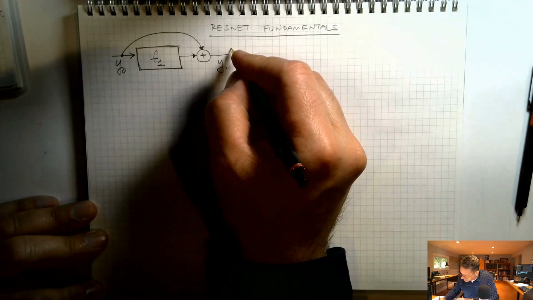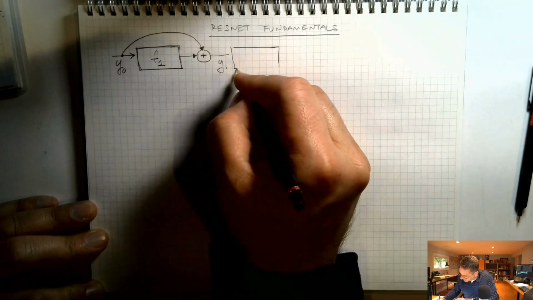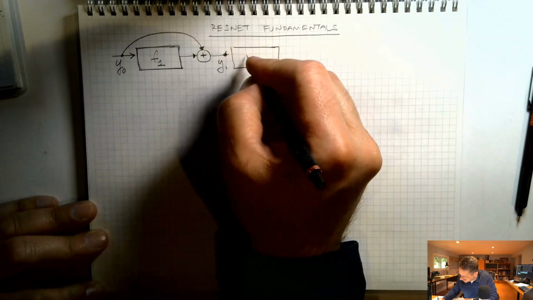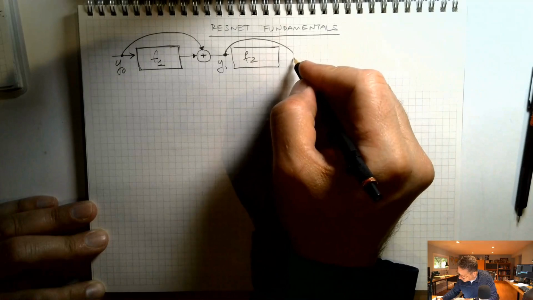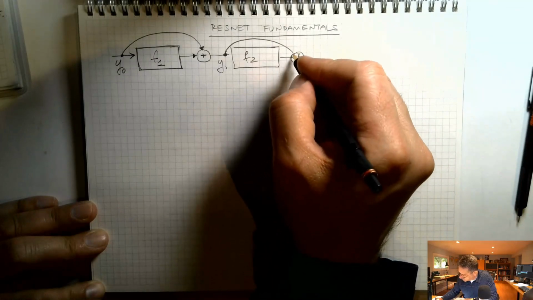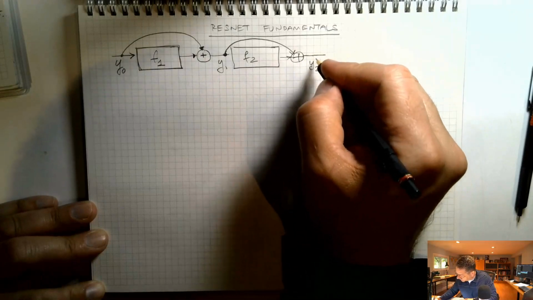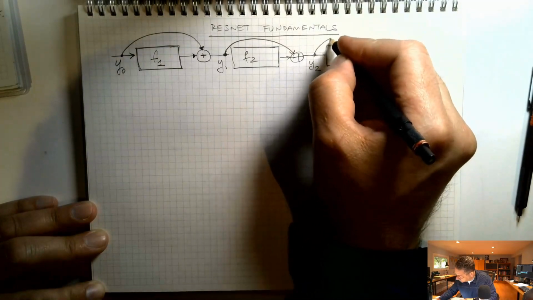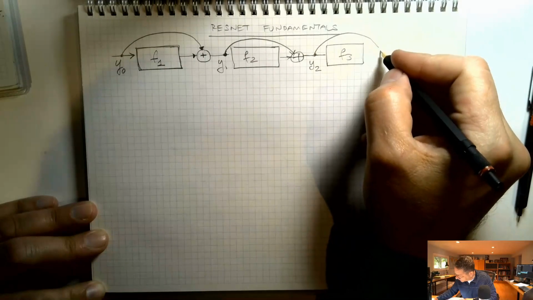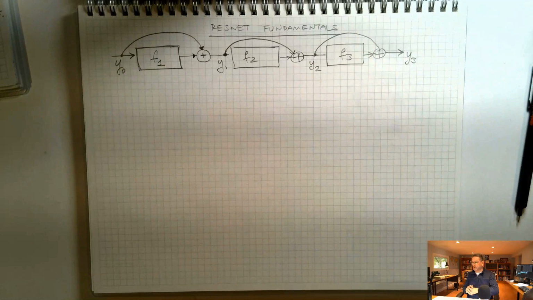The Y1 is being added again with exactly the same approach, and this is the output Y2. And the Y2 is similarly added to form the final Y3 output. Okay, so this is the basic ResNet architecture.